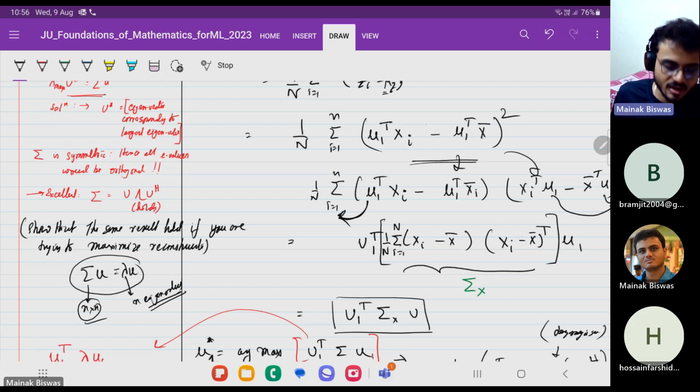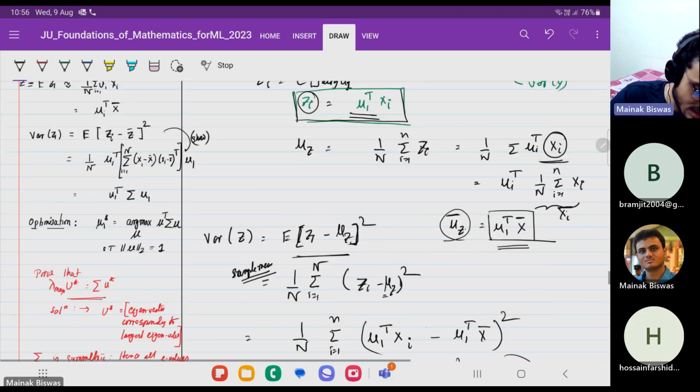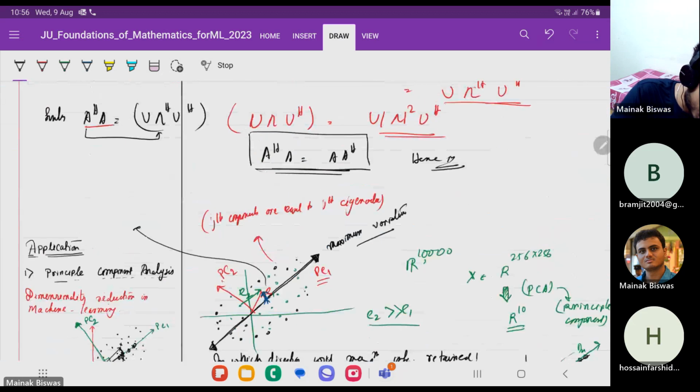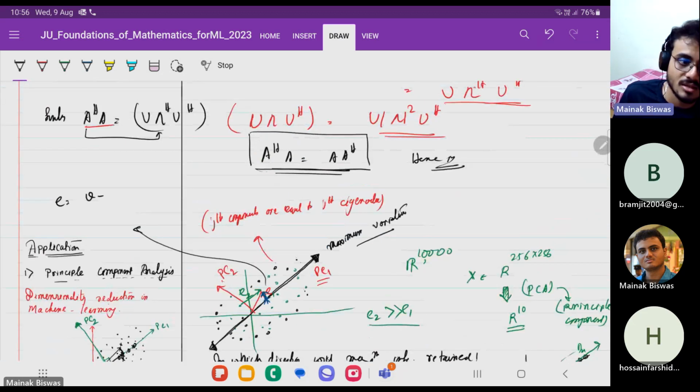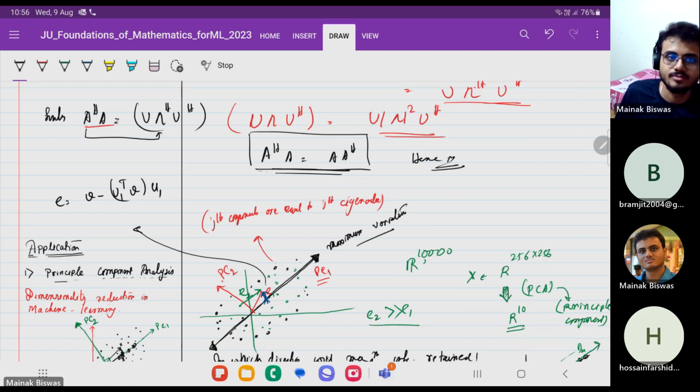The reconstruction error would be, what is the reconstruction error over here? Your vector V minus U1 transpose V times U1, yes or no? This is your error? Yes. This is your projection into U1.